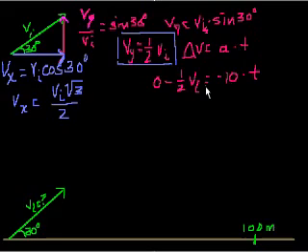I'm not writing the units for the sake of efficiency. And so let's see, if I divide, so this doesn't matter, right? The 0 doesn't matter. This and this, if I multiply both sides by -1, and then if I divide both sides by 10, I get t. T is equal to 1/20th v sub I, or v sub I over 20.